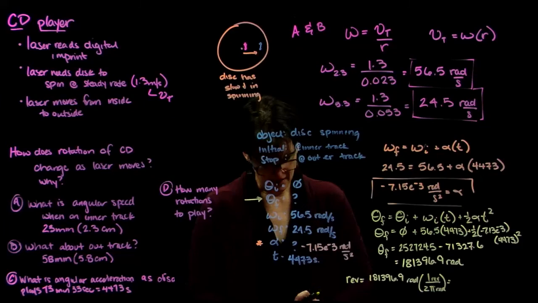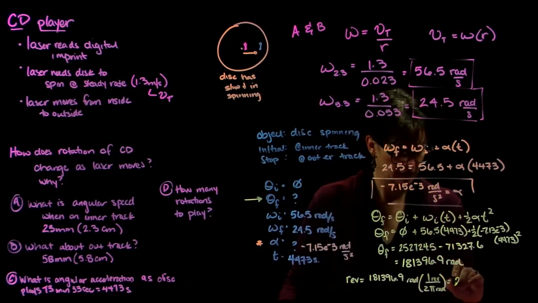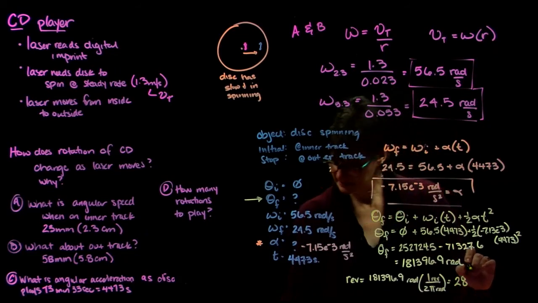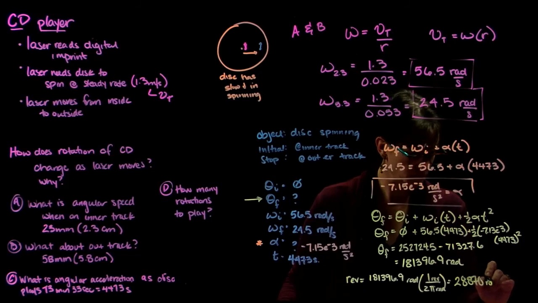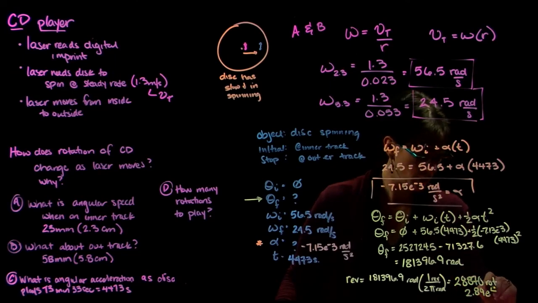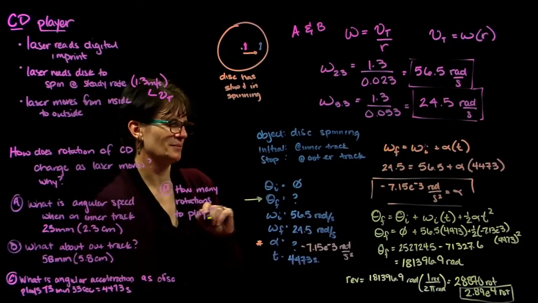So if we divide that by 2 pi, we get 28870 rotations, or 2.89 times 10 to the 4 rotations in the course of an entire disk playing its jams.